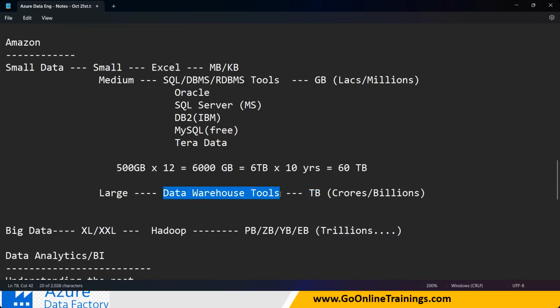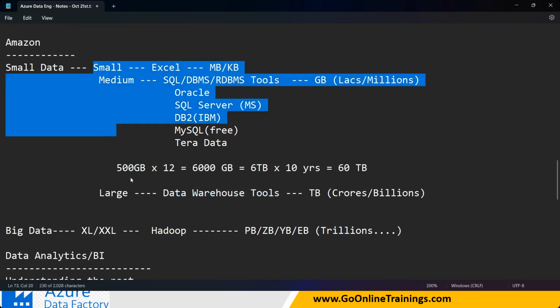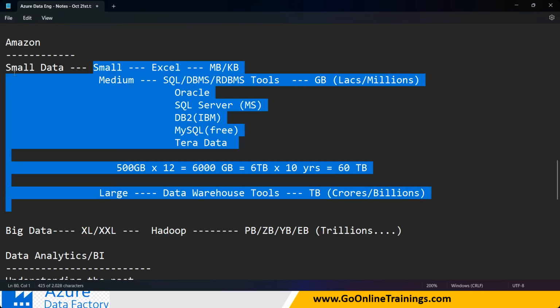Clear? So if you have a petabyte of data, even data warehousing is going to fail. So small data means MBs of data, then GBs of data, and terabytes of data will be called a small amount of data only. Clear?